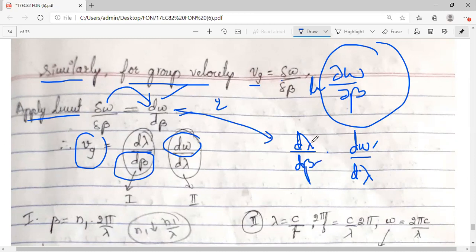One such parameter I found is lambda only, because the beta expression will have lambda, and omega is also dependent on lambda. So I have done this.